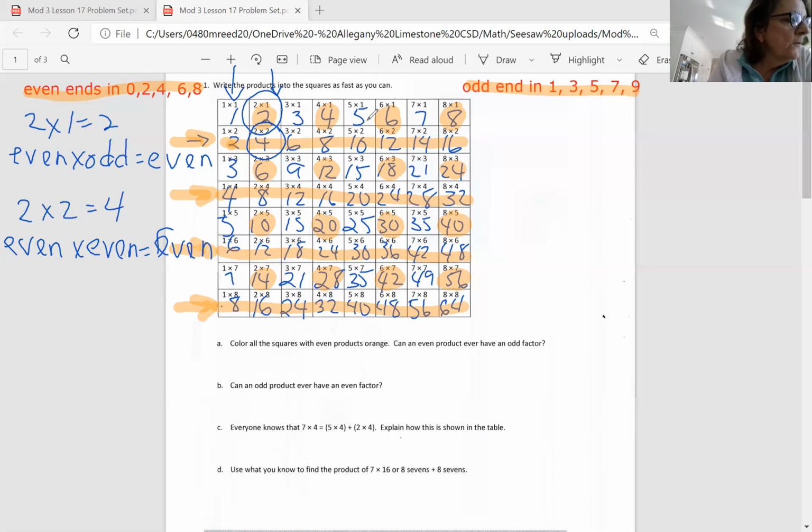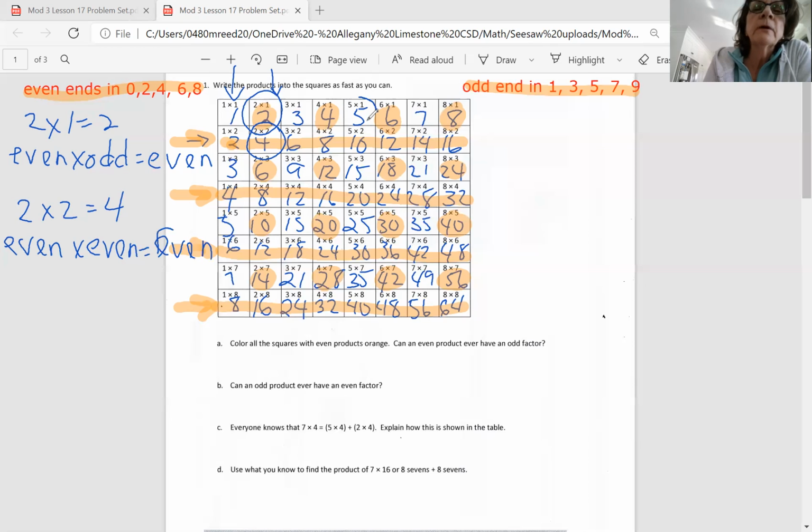All right. So let's look at what we see here. We see that if we have an even factor times an odd factor, we get an even product. But if we have an even times an even, we get an even product. All right. Let's look at another one here. Let's look at an odd product.